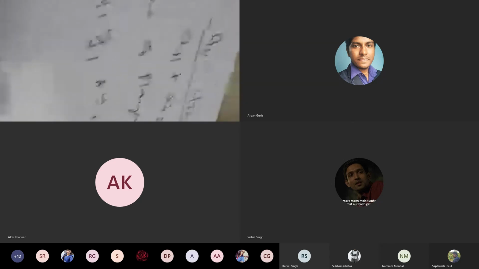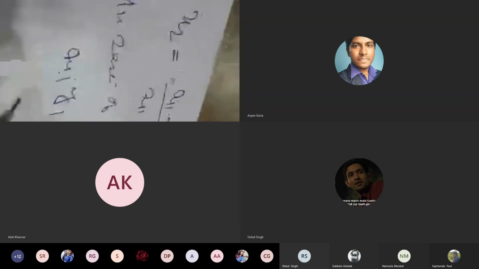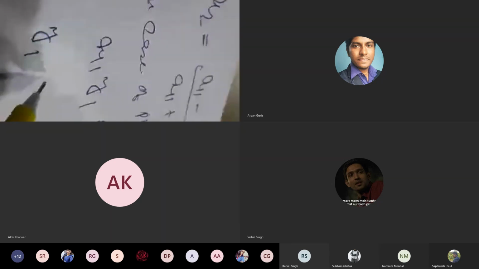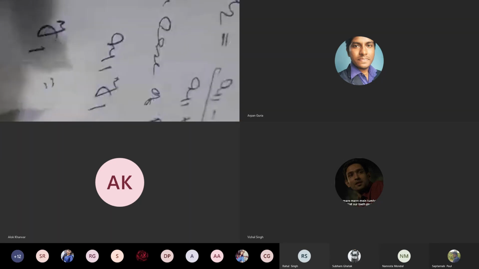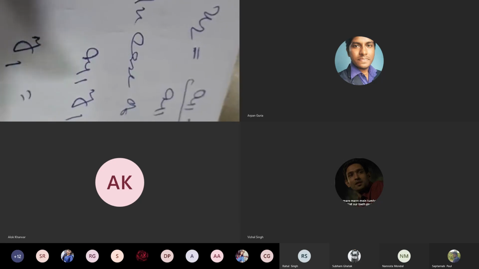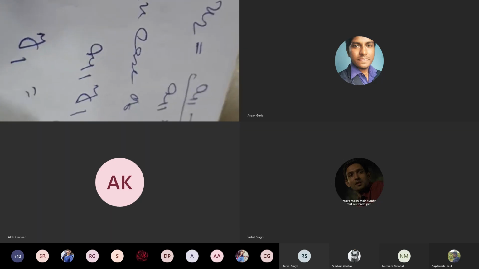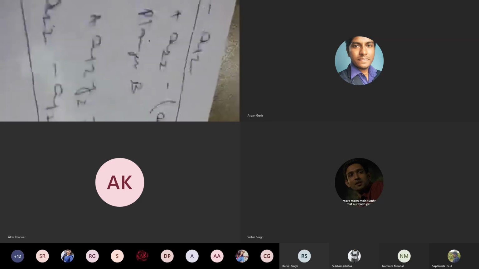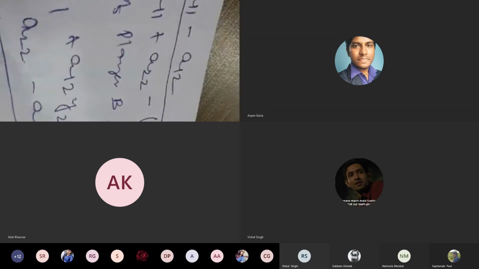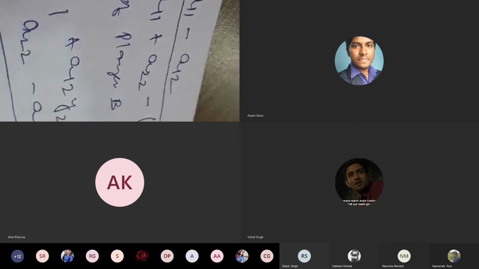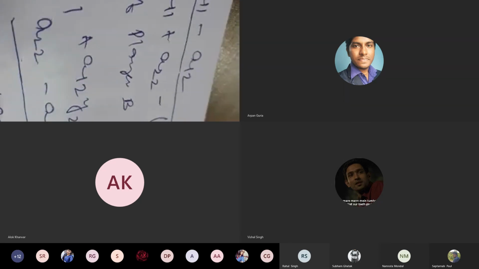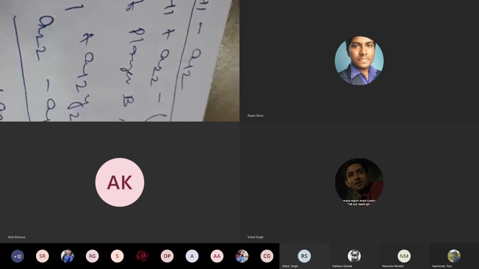Now, if you solve y1 and y2, here you will get y1 equal to A22 minus A12 divided by A11 plus A22 minus A21 plus A12.